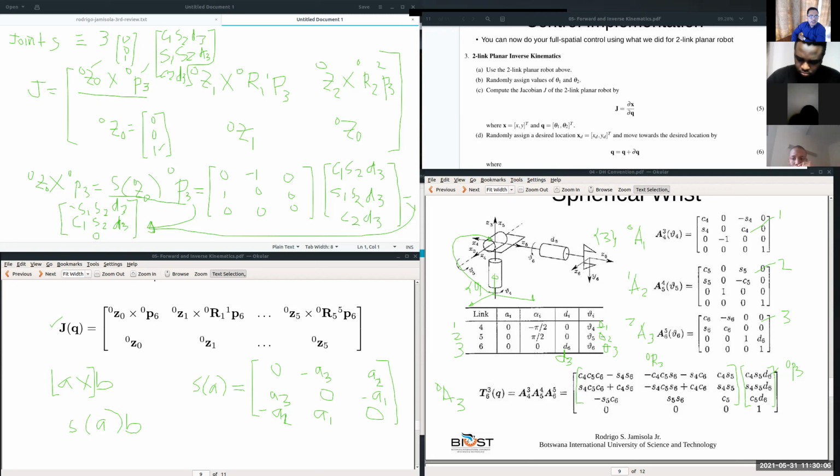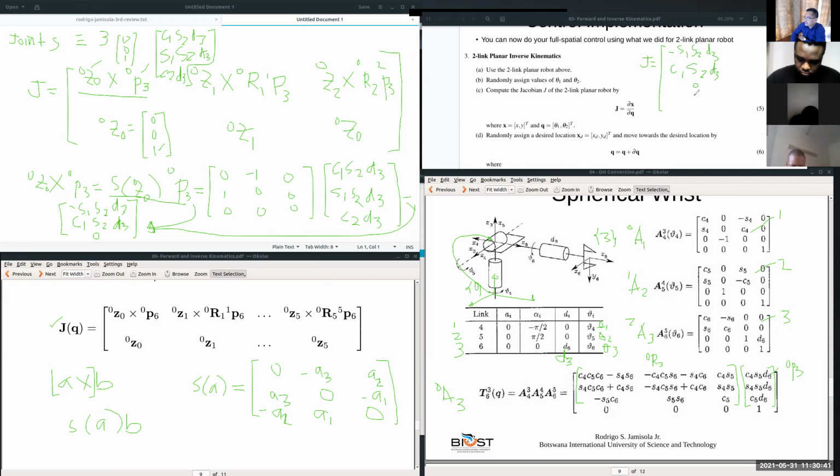Now let's write our Jacobian somewhere. The first column we have already computed: minus S1, S2, D3, C1, S2, D3, and 0.